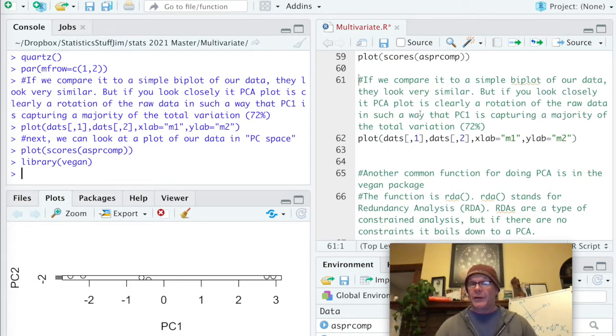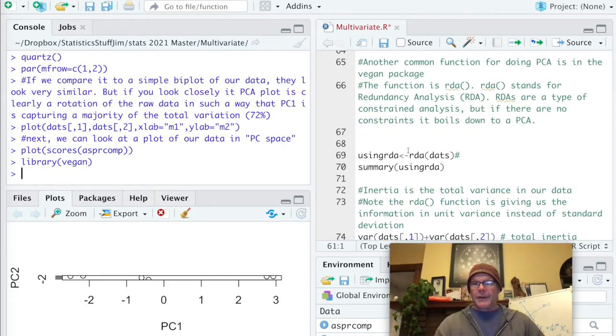And when we talk about constrained ordination, which is ordination where we're actually doing hypothesis testing with a multivariate method, one of the methods we can use is called redundancy analysis. But if you just put your raw data into the redundancy analysis function and you don't give it any constraints, meaning you don't tell it to account for certain things for hypothesis testing purposes, the function RDA will give you a PCA.